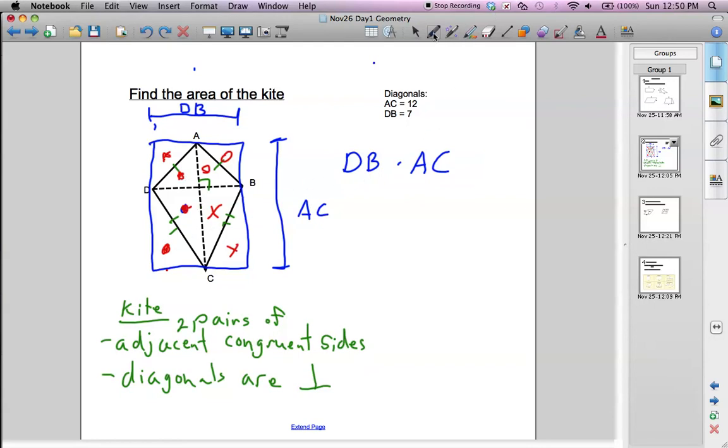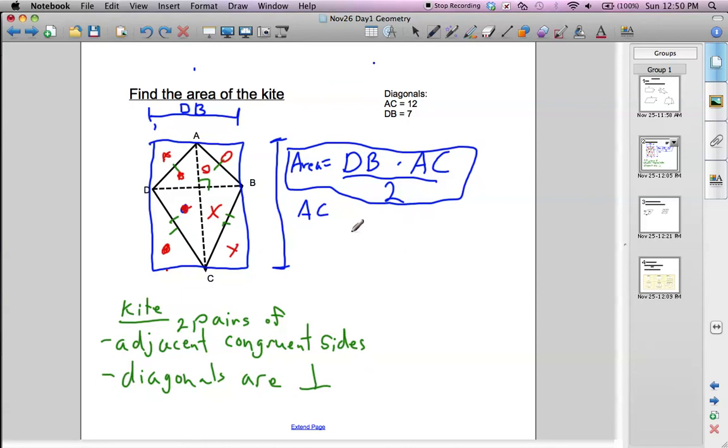So the area of our kite is going to be dB times AC out of 2, or half times that amount. That's the formula for the area of this kite. We're going to take dB times AC, then divide by 2 because the kite is half the area of this rectangle that I've drawn.